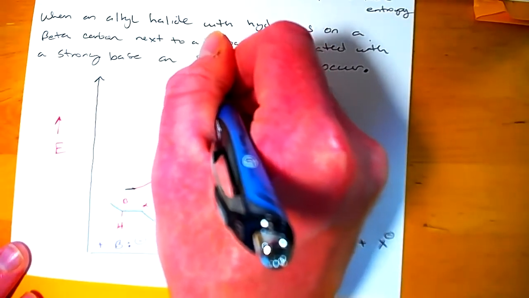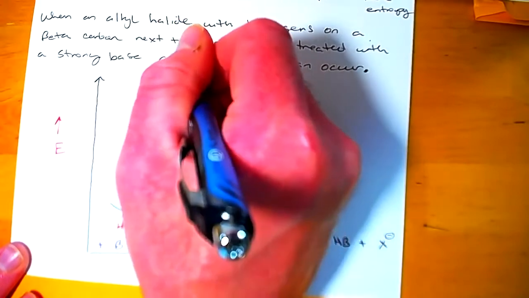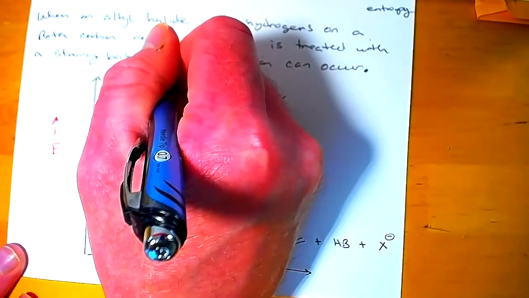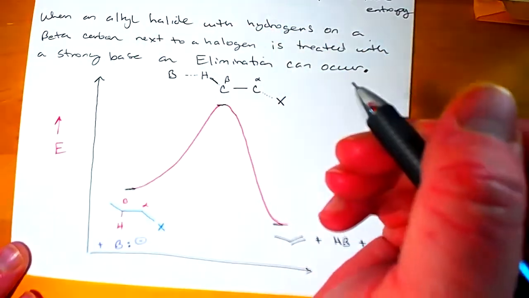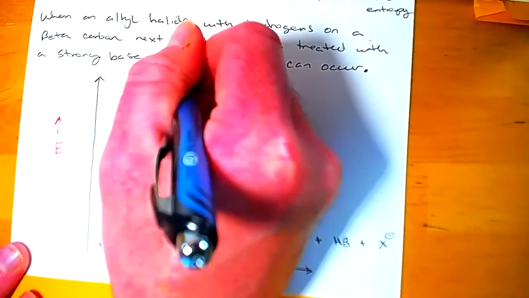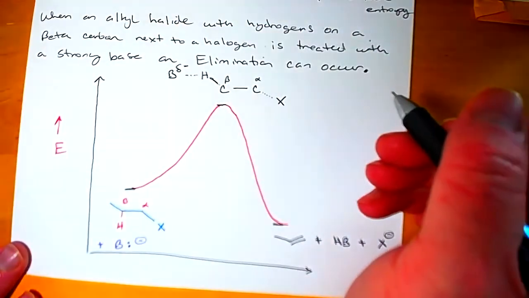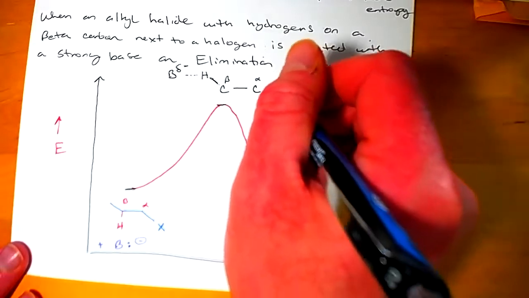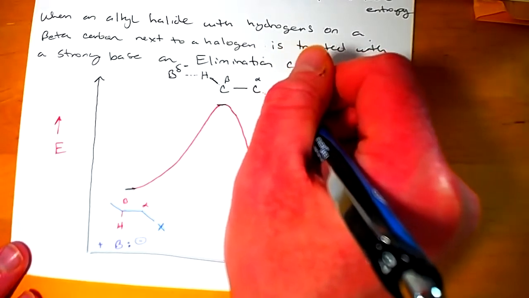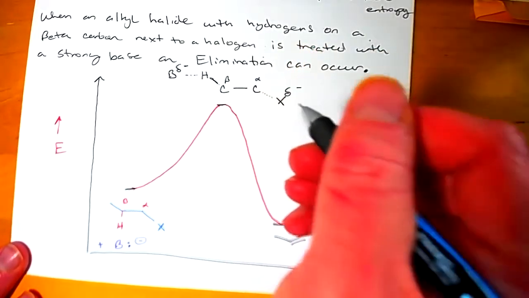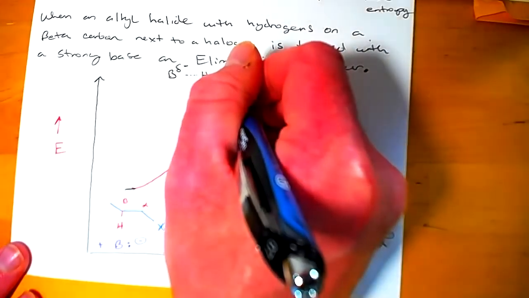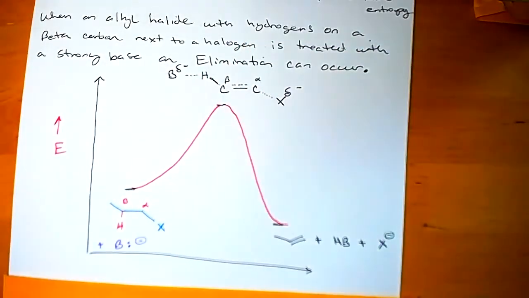That bond is also going to start breaking as you're forming a bond to the base B, which is starting now to lose its charge, while this one is starting to gain some negative charge. And you're starting to form a pi bond between these two carbons.